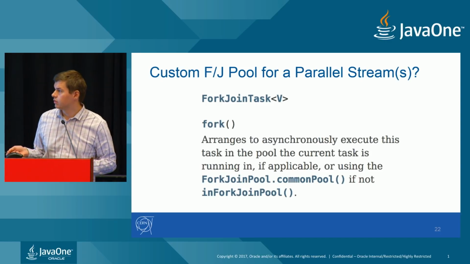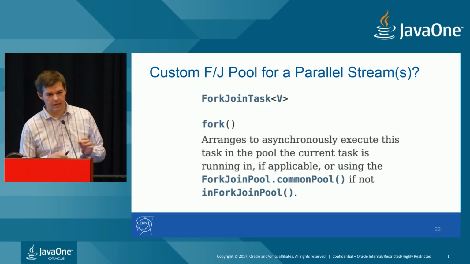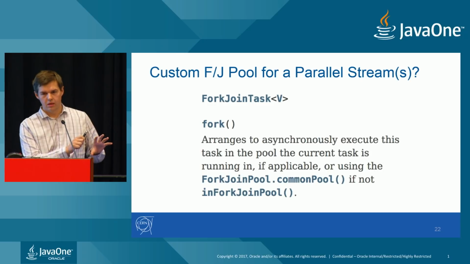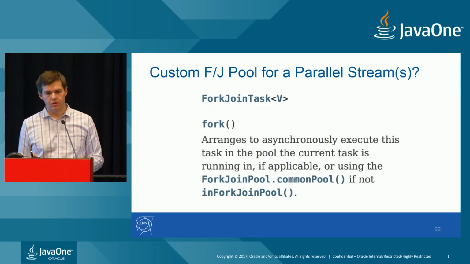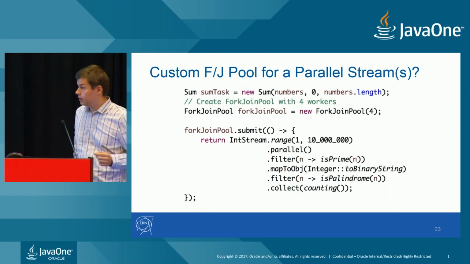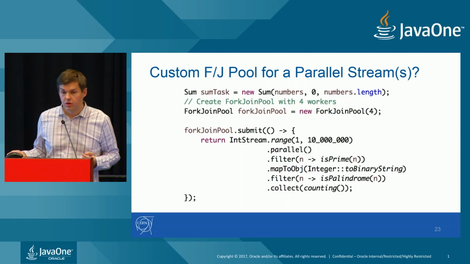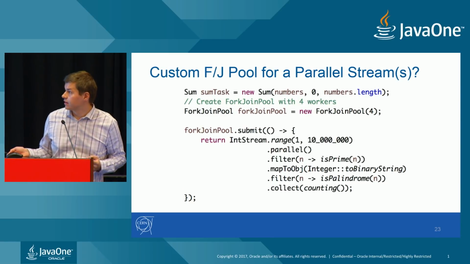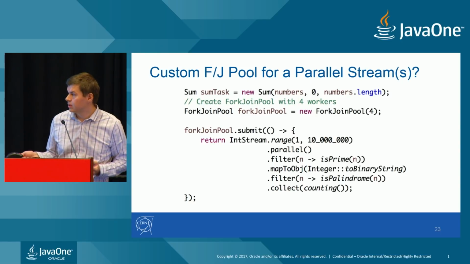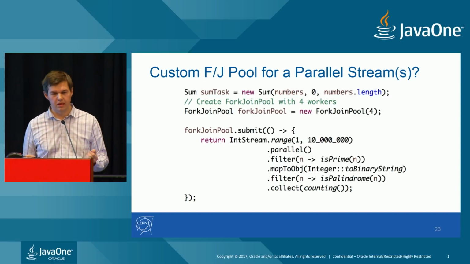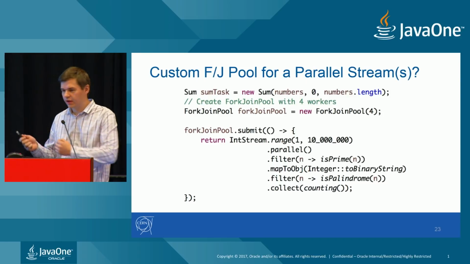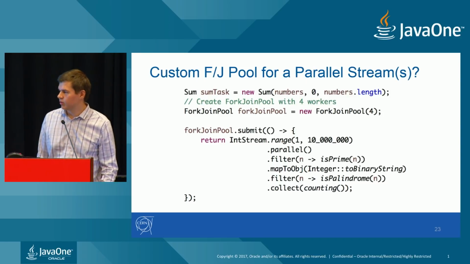If you look at what the fork method exactly does, it is context sensitive, so if it's already running in a certain pool, it's just going to stick there. So the trick is to create your fork join pool with as many threads as you want, and then simply submit your parallel stream execution there. Again, shown for completeness' sake, it's not something I would really do.